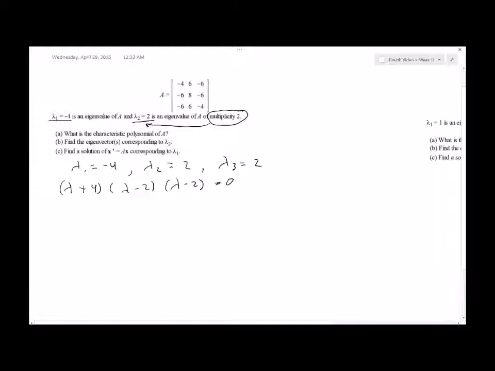Now, as we always do to find the eigenvector, we just plug in the minus lambda across the diagonal. So it says corresponding eigenvectors, this S is there because there's two lambda 2's technically. So we're going to do -4 minus, and lambda 2 is 2, so -2, 6, -6, we set it equal to 0, 0, 0, and now we're at -6, 8 minus 2, -6, -6, 6, and -4 minus 2.